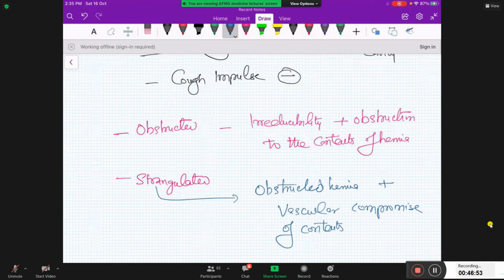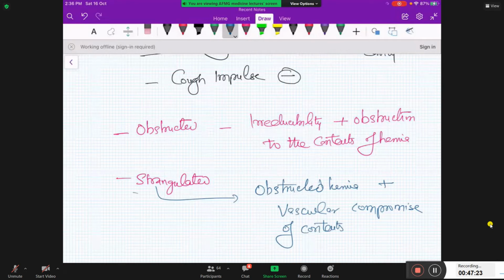Now, can anyone tell me, is strangulation a forerunner of obstruction or obstruction a forerunner of strangulation? सोच के बोलना, पहले चिकन आया या एग, पहले ऑब्स्ट्रक्शन होगा या स्ट्रैंगुलेशन होगा? पहले क्या होगा?